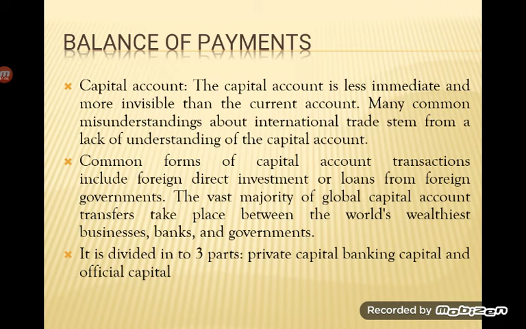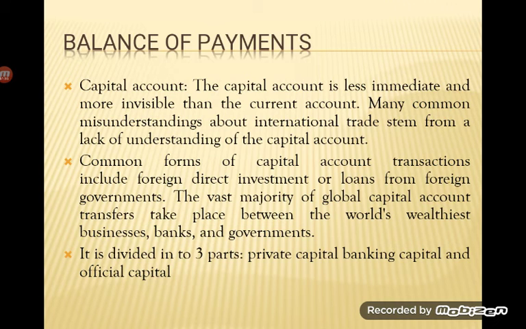It is divided into three parts: private capital, banking capital, and official capital. Private capital is capital that is provided as investment. Banking capital covers movements like external financial assets and liabilities of commercial and cooperative banks authorized to deal in foreign exchange.